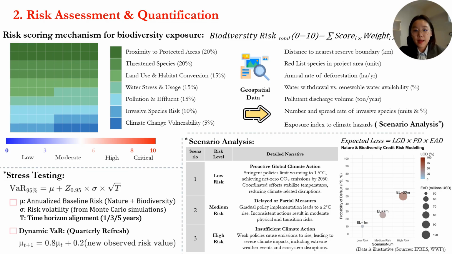To quantify this impact, we use stress testing techniques like dynamic variable-risk modeling and Monte Carlo simulations, resulting in calculations of expected loss under different risk scenarios. Altogether, this comprehensive approach strengthens our overall risk assessment and quantification.